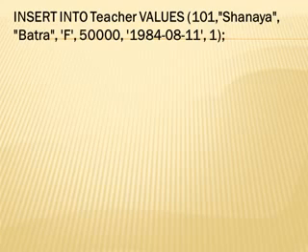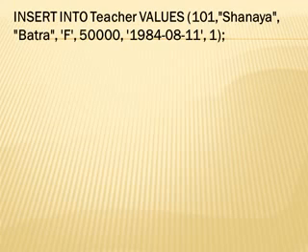So the first was id, you are putting 101. Then the first name, it was varchar, so varchar will be put in double quotes. Then comma, last name, that was also varchar, double quotes, you have to put Batra. Then comma, then gender, it was char, so single quote f, is a female. Then comma, salary we are putting 50,000, it was a decimal value.